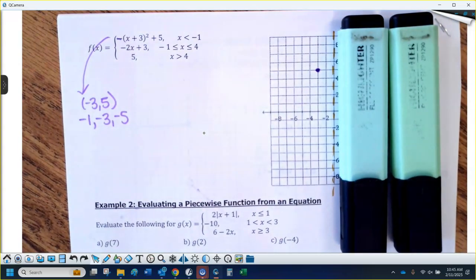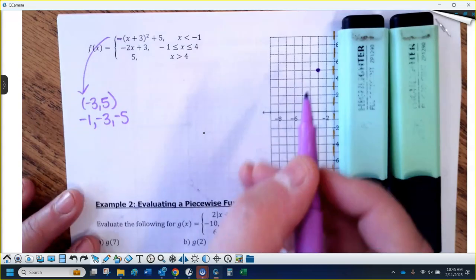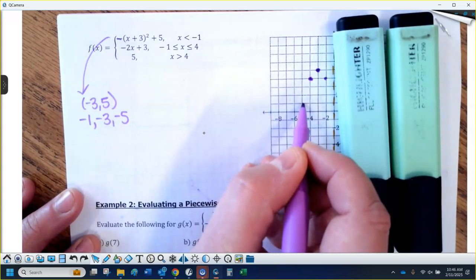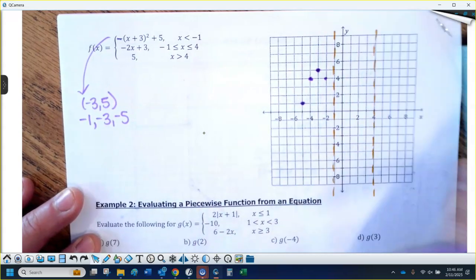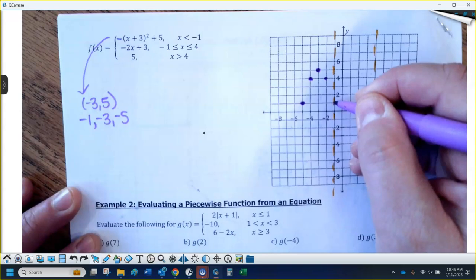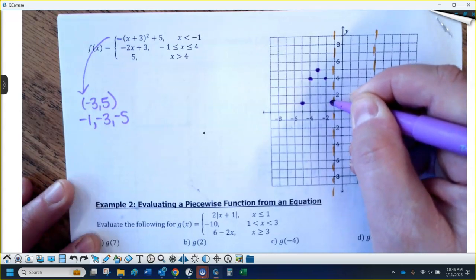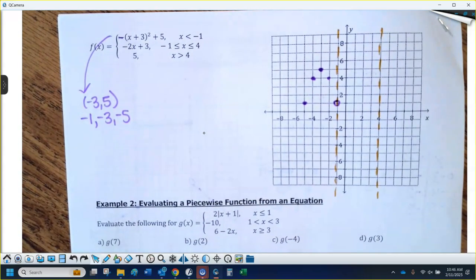I'm only going to go to the left side of this line. So if I did my little pattern, over 1, down 1 on either side, and then over 1, down 3. Now, it is going to be an open circle where it connects to that line, right?